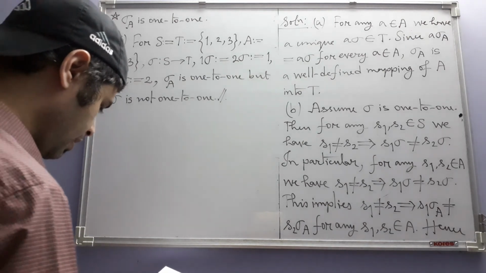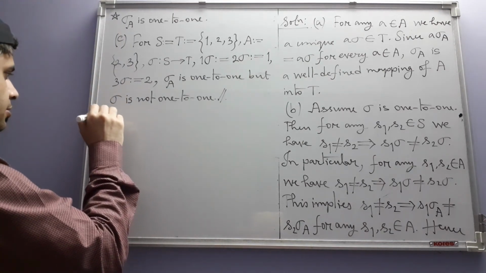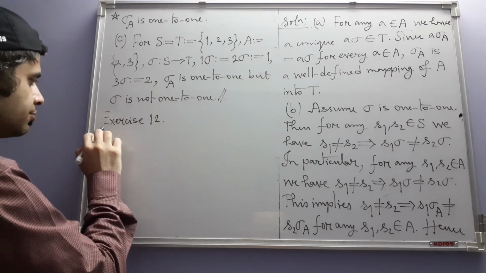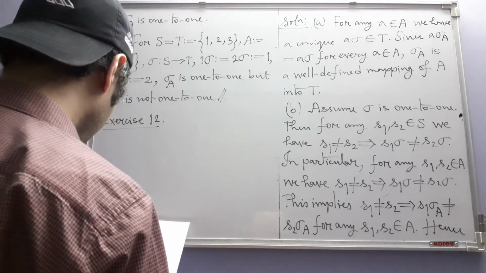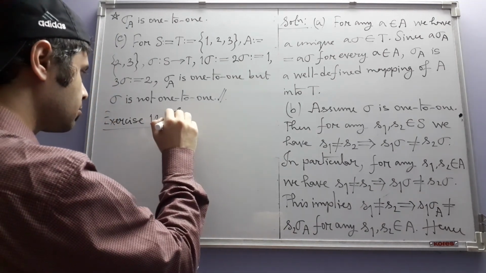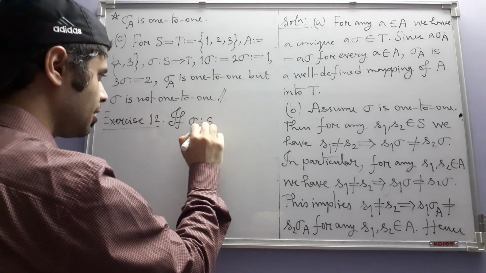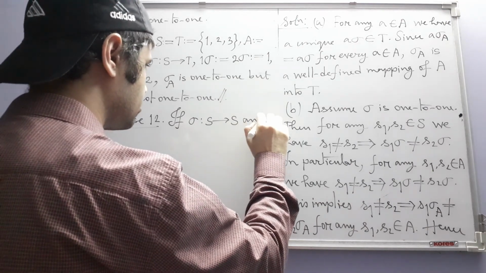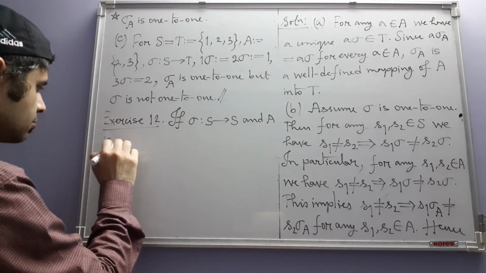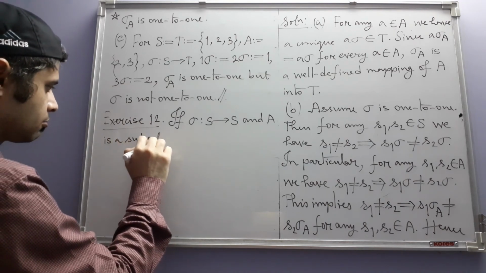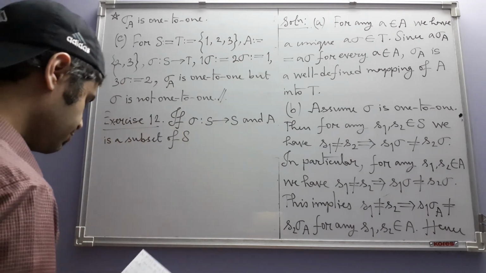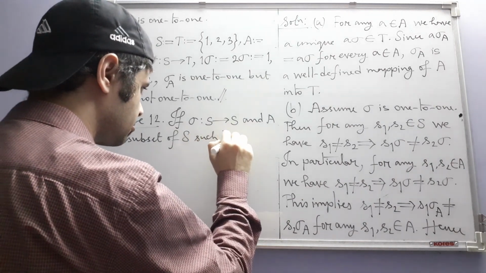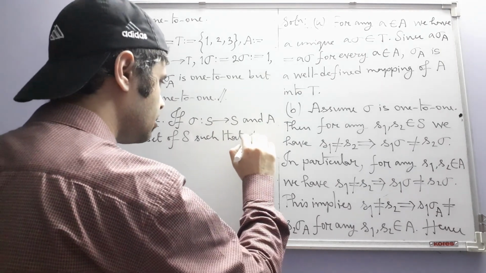Okay, after this we have exercise 12. This one is also pretty easy. If sigma maps S into itself and A is a subset of S such that there is a condition: A sigma.